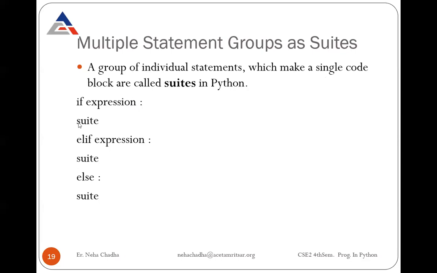And instead of the body of that block, I will write here the word suite. Then instead of else if, I will write here elif, ELIF. This is the elif expression, then suite, then this is else. This is for multiple statement groups as suite, or you may say nested if else.